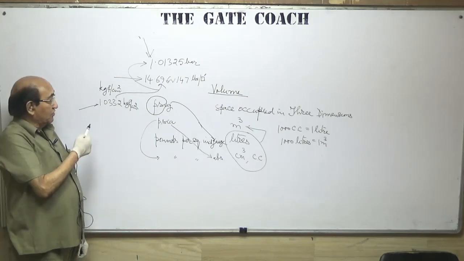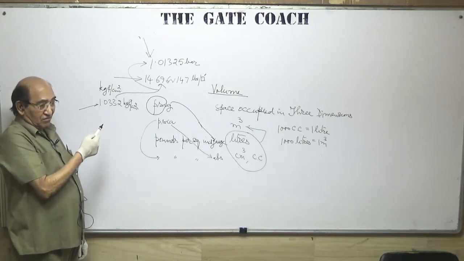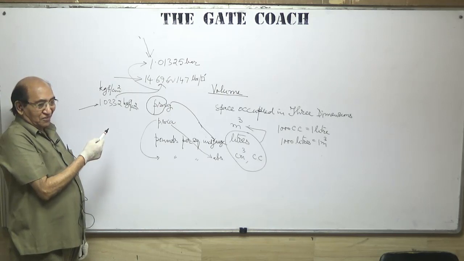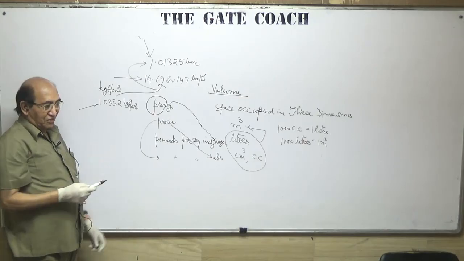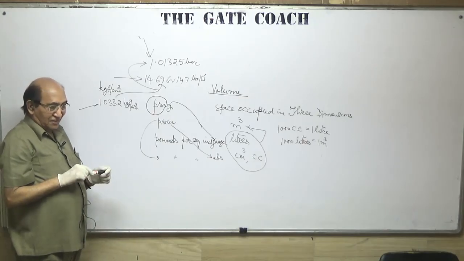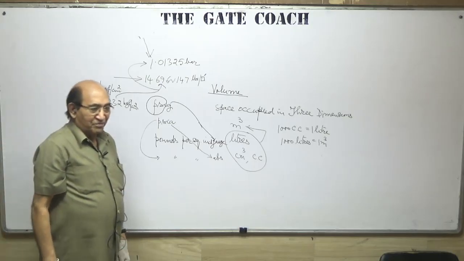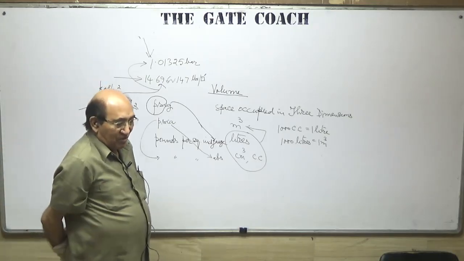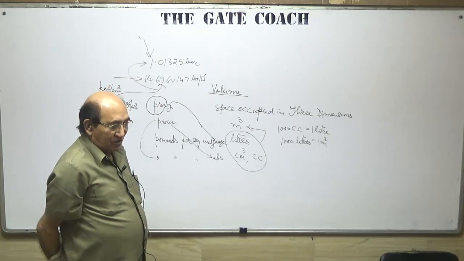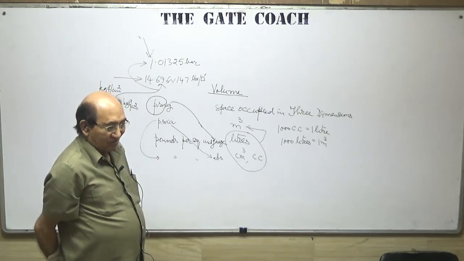So this is the old history, but as a student you are supposed to know these terms. So it is very good that somebody asked PSIG and PSIA. Pounds per square inch gauge, pounds per square inch absolute. I hope it is okay.